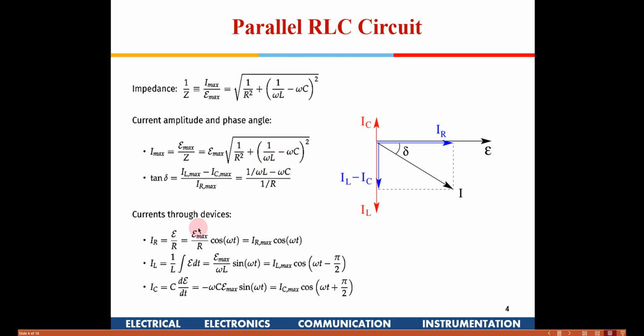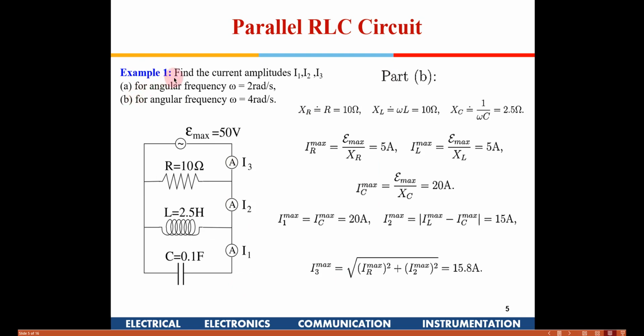Then you can find out the currents in all the three. You can write IL max into cos, because the current in the inductor is going to lag, whereas the current in the capacitor is going to lead. The resistor current is going to be in phase, so the phases are 0, minus pi by 2 and pi by 2. These are the equations for the currents.